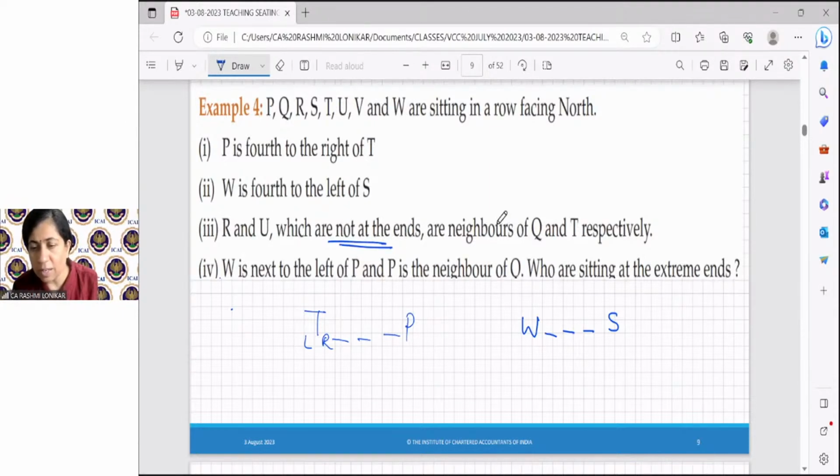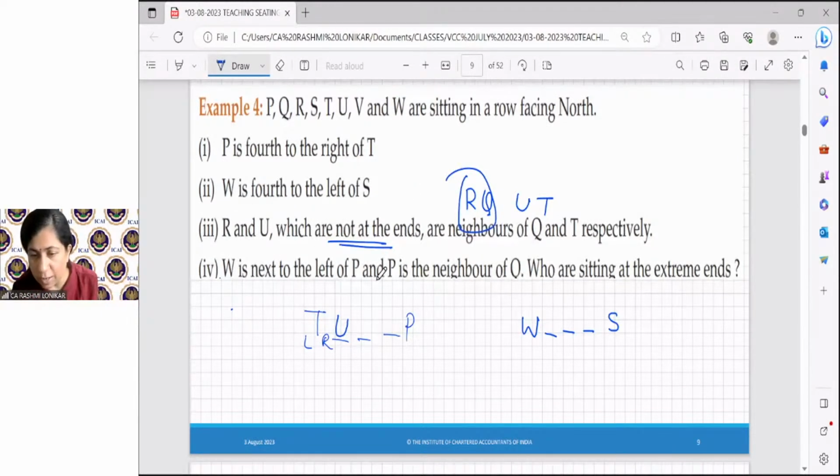So R is a neighbor of Q and U is a neighbor of T. What does this mean? This U is there. Right now, I have information about T, so T and U. Then Q and R is still pending.